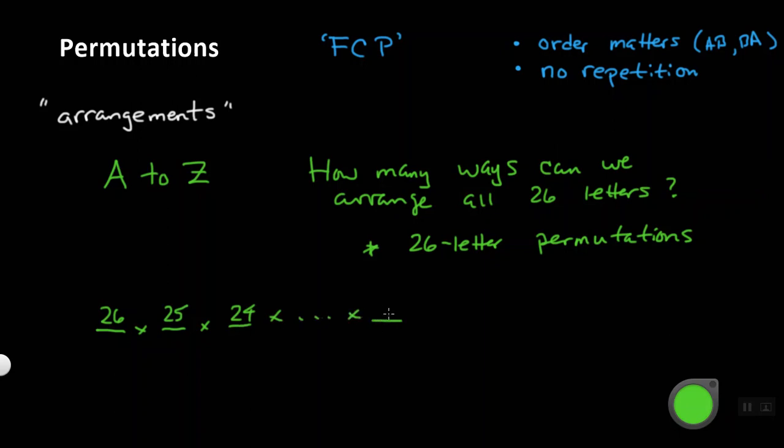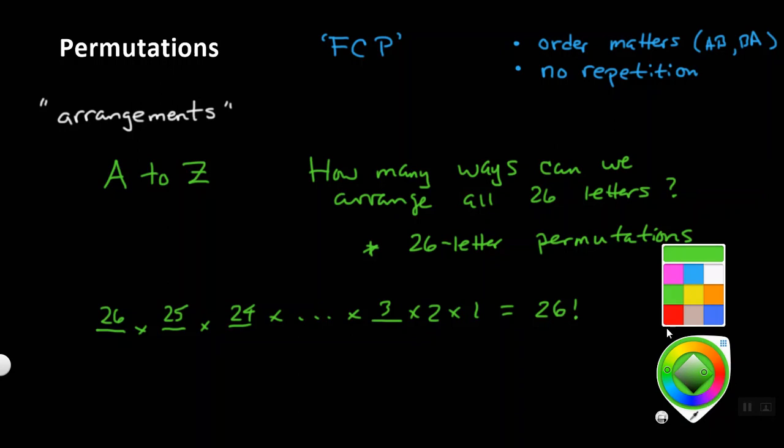Once we establish that we are going all the way down to 1, you realize the fastest way to get this on your calculator is to type in 26 factorial. And believe it or not, that's actually something called a permutation. So we're going to check that on our calculator, and of course probably going to get scientific notation here, but you can round that to however you wish.